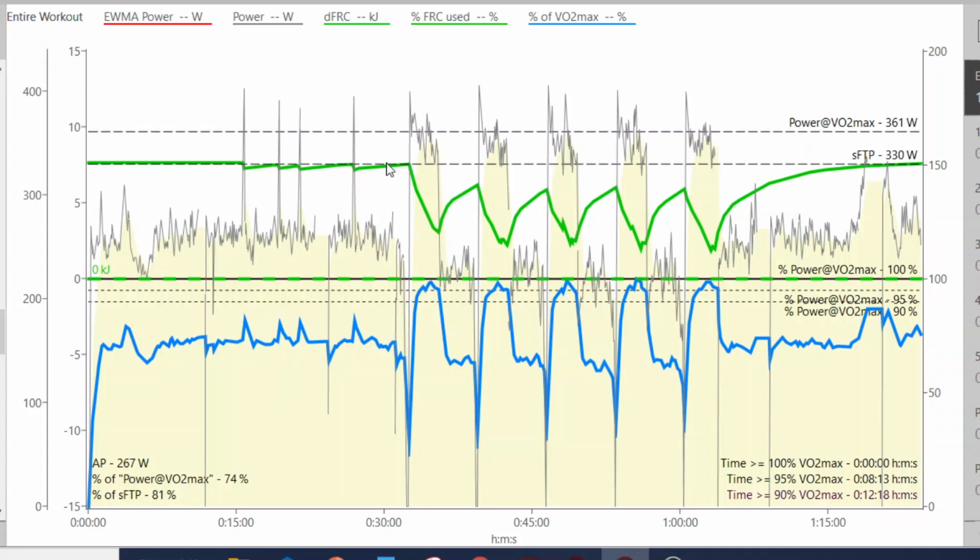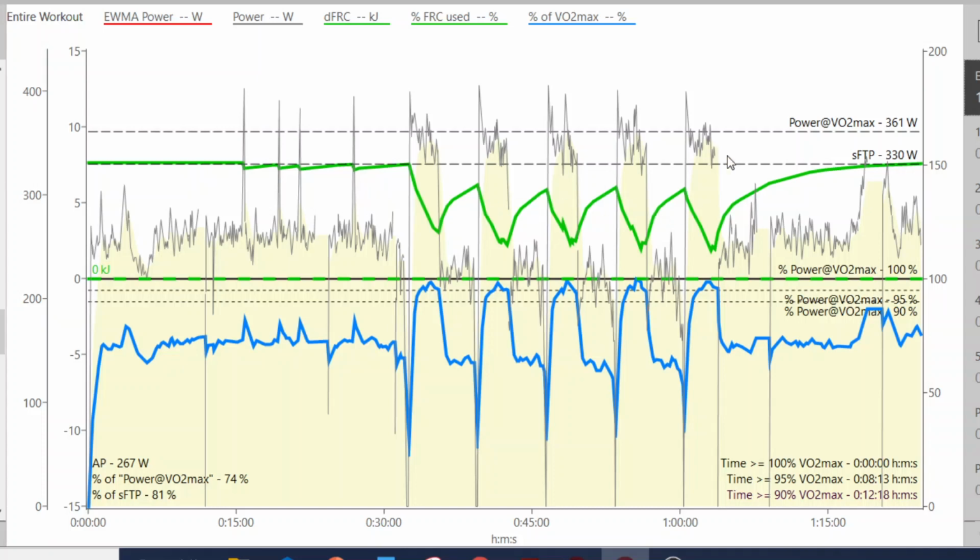So naturally, you're going to see decline in FRC during the work interval, and then during the recovery periods, you see recovery, or reconstitution of the FRC.